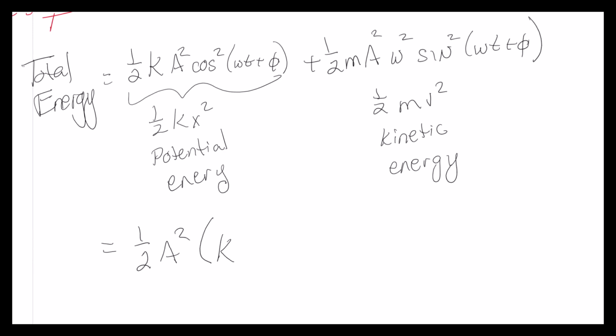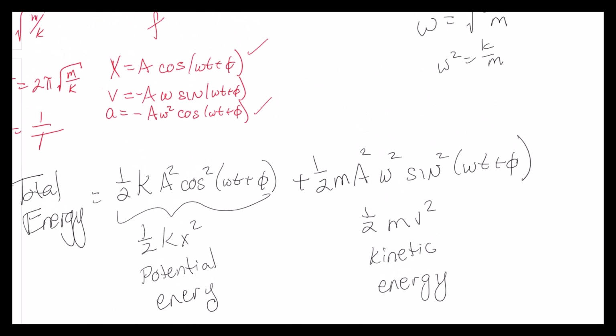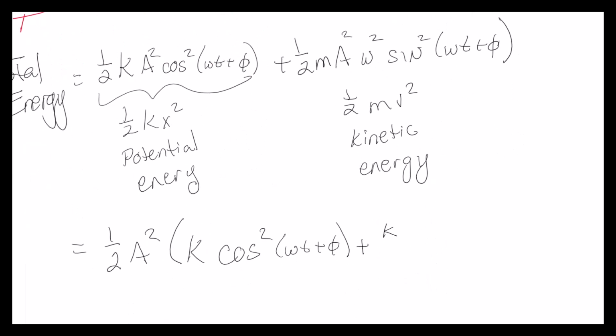And I have a k cosine squared of this, and then I have an omega squared, which is k over m, times m. Oh, that's going to be really nice. So I have m times k over m times sine squared of omega t plus phi.